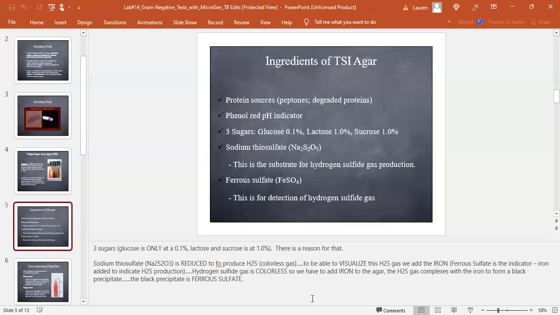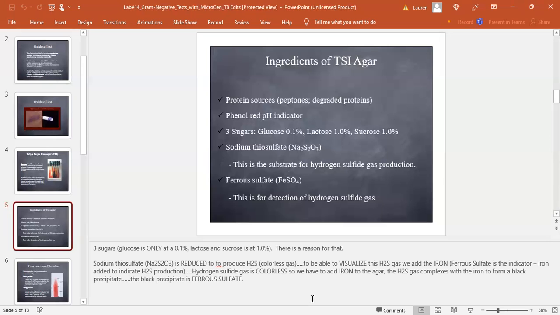So we know our ingredients. And now we also know that if a sugar is fermented, it's going to change the phenol red indicator to a yellow color. If it's not touched at all, there will be no change. If a protein source was used, it's going to turn a deeper color because it's going to produce an alkaline byproduct, so it'll turn that pH indicator a deeper color.